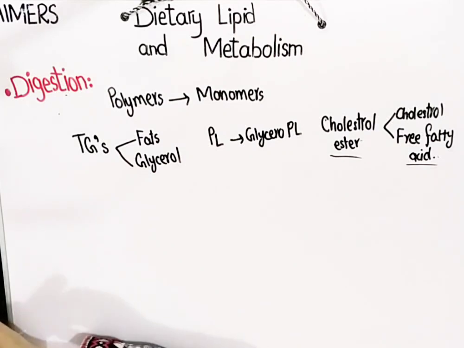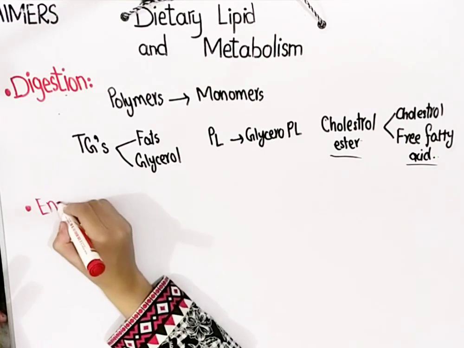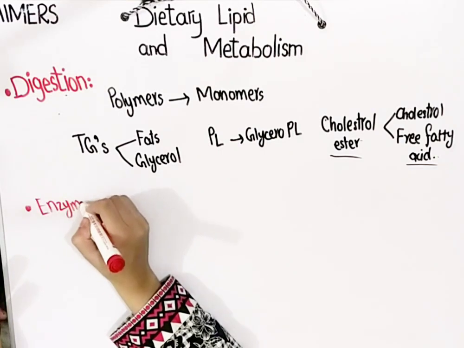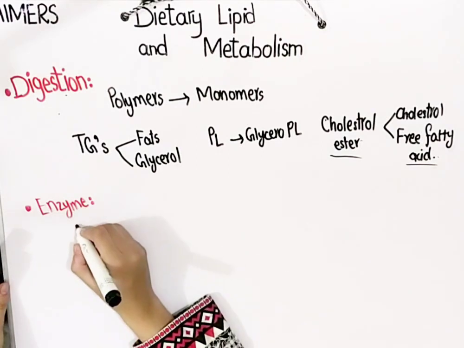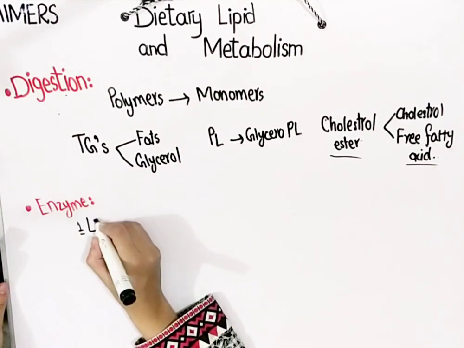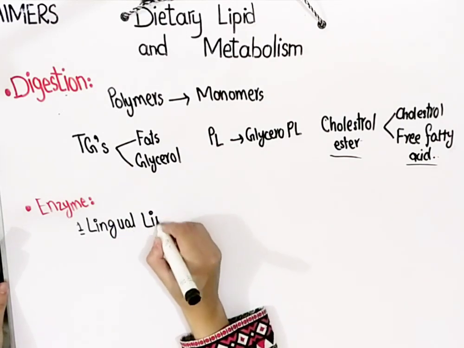Now we are going to look at the enzymes needed for digestion. Every metabolic process needs enzymes, and enzymes work in the presence of water. What are the enzymes really used in digestion? There are three basic enzymes. First enzyme is termed lingual lipase.